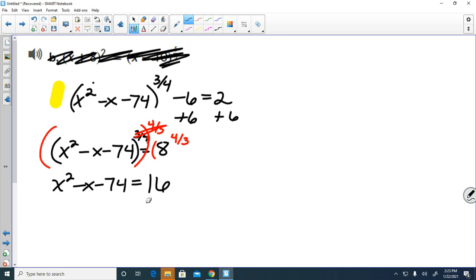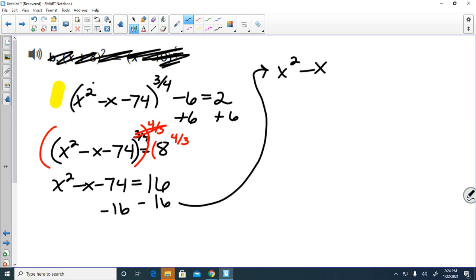So then subtract the 16 on both sides. We have x squared minus x, let's see, 16, 74, minus 90 equals 0, because it's quadratic, so I set it equal to 0 to solve.